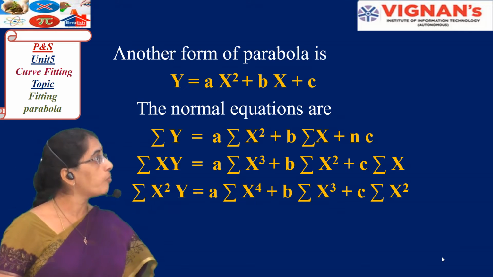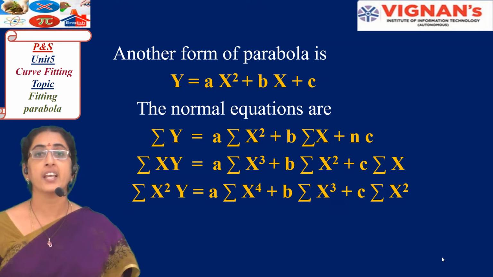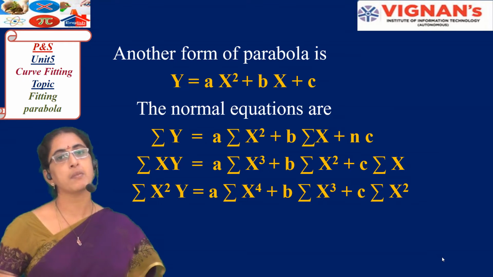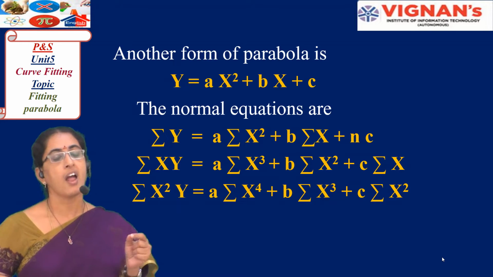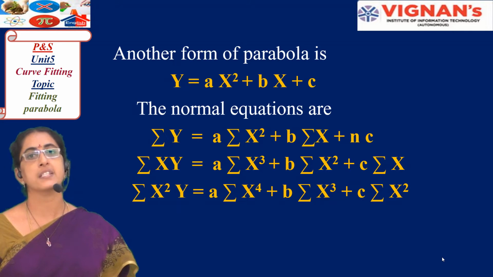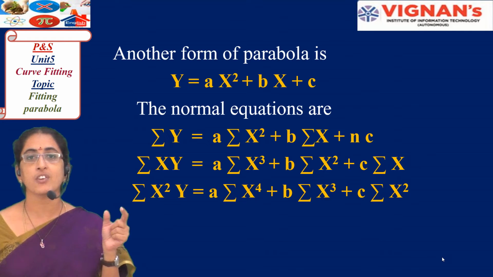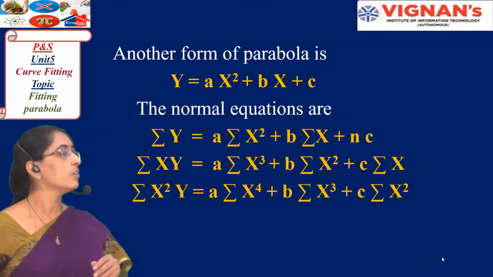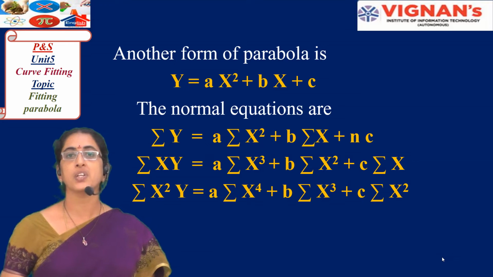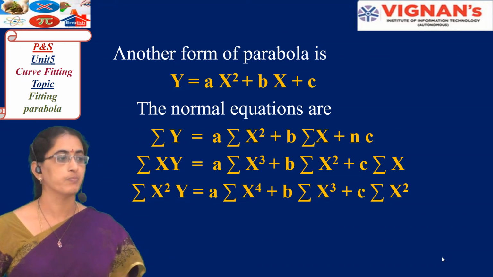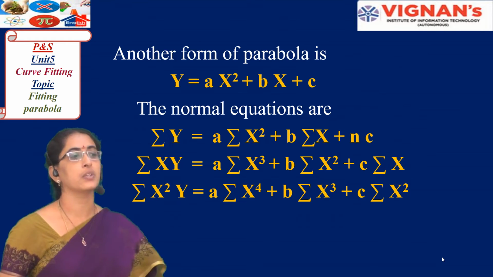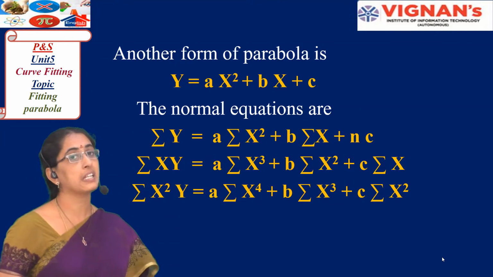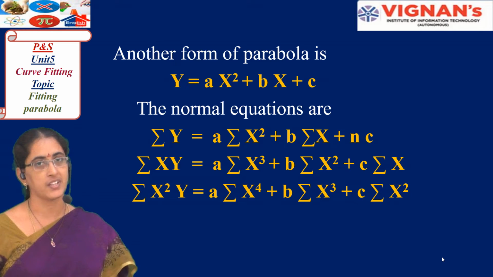Then the other form of the parabola is y equal to ax square plus bx plus c. So the difference between y equal to a plus bx plus cx square and y equal to ax square plus bx plus c is that only the coefficients of a and c will interchange, but the b coefficient remains the same. So the three normal equations for y equal to ax square plus bx plus c are: summation y equal to a into summation x square plus b into summation x plus n into c, where n is the number of observations.